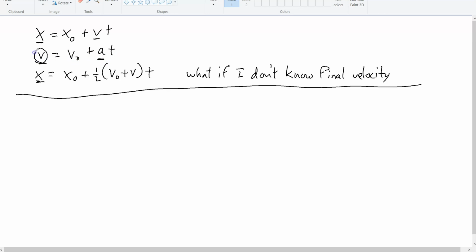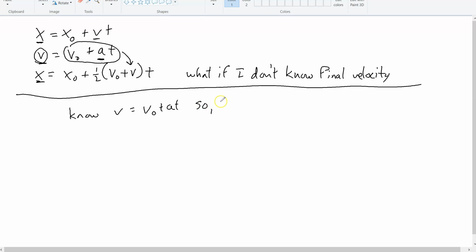Okay, I know this formula, so maybe I could substitute this in for this. Okay, so what we're going to say is we know V equals V0 plus AT.